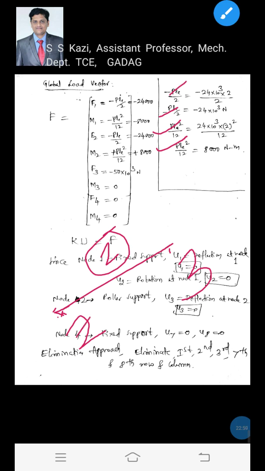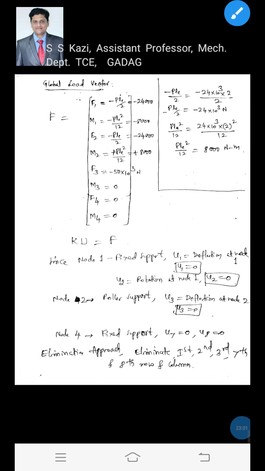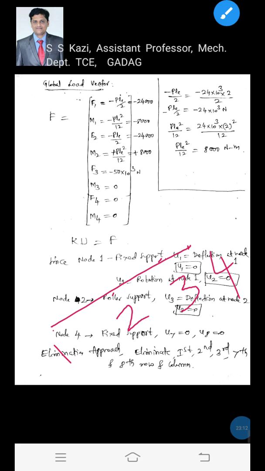Now come to node number 3. Here you can observe node number 2, node number 3, node number 4. The first element is subjected to UDL, so I wrote those values, F1 M1 F2 M2.